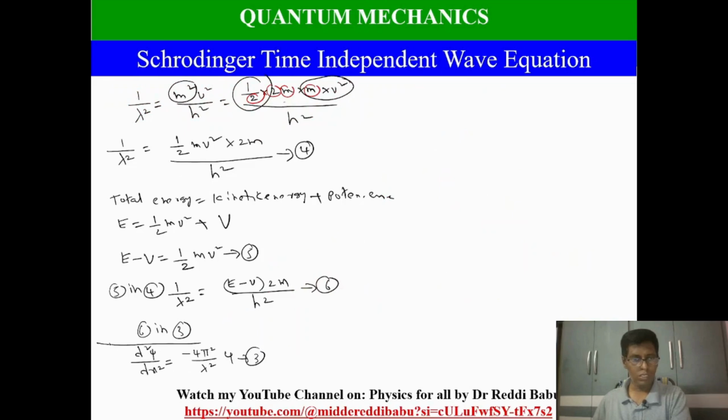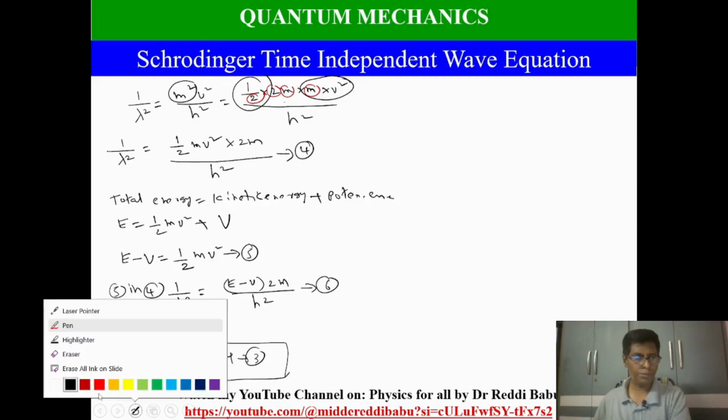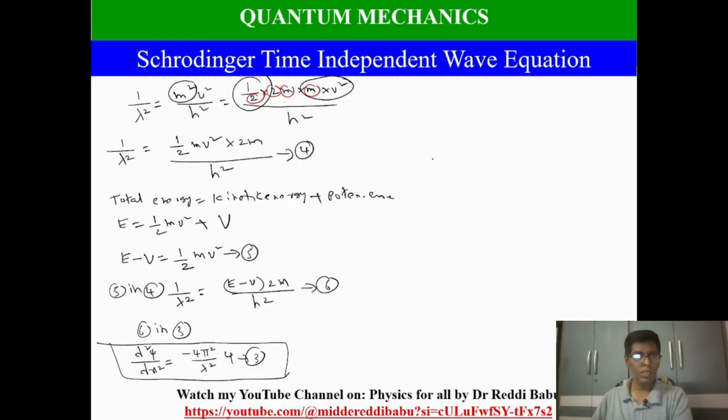Now in equation number 3, I want to substitute the sixth equation. The sixth equation is 1 by lambda square is equal to E minus V into 2m by h square.